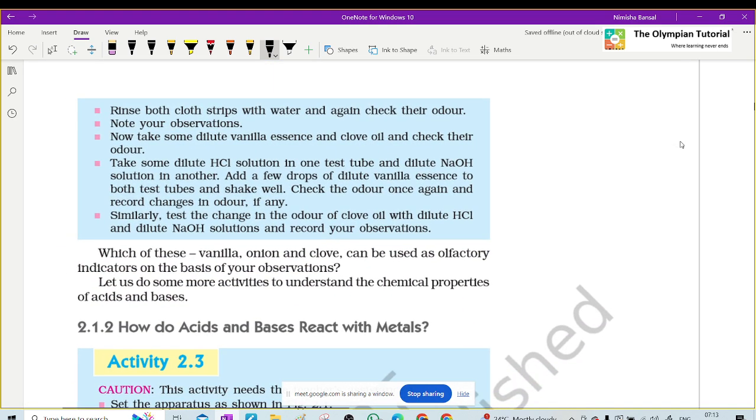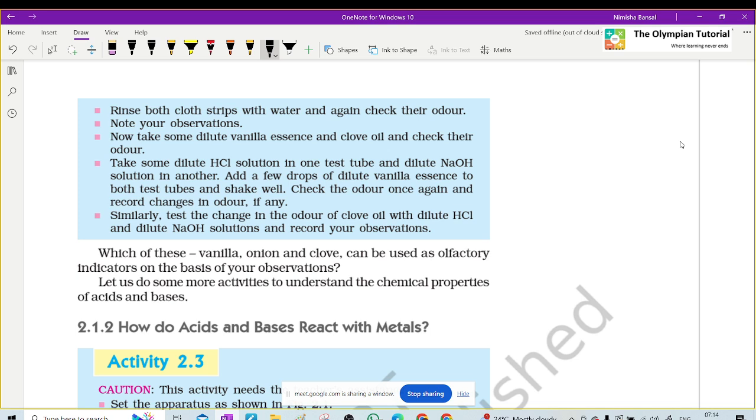Rinse both cloth strips with water and again check their odor. Note your observations. Now take some dilute vanilla essence and clove oil and check their odor. Take some dilute hydrochloric acid solution in one test tube and dilute NaOH solution in another. Add a few drops of dilute vanilla essence to both test tubes and shake well.